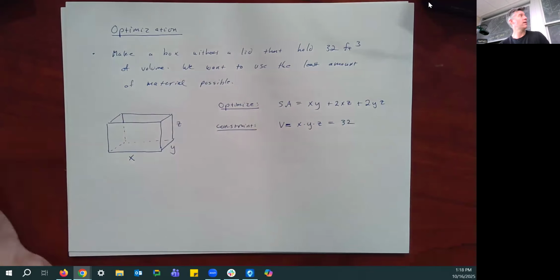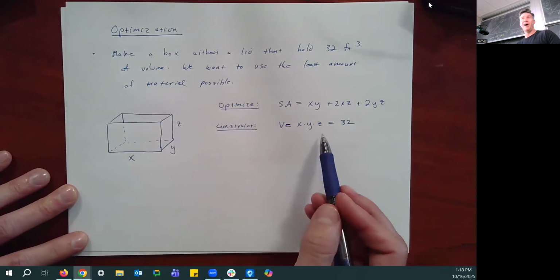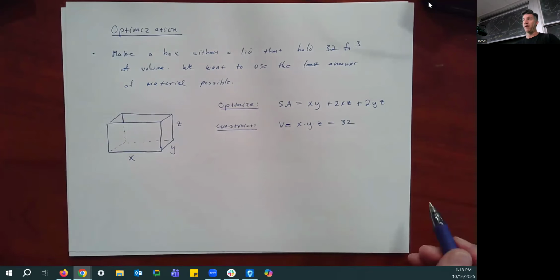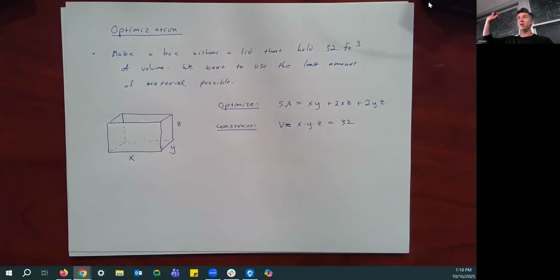And then you're typically going to take this constraint equation, isolate one of your variables, and then sub that back into the other equation so that your other equation then has one variable eliminated and you're left with two variables. And then we can apply the process that we just did 5 times to this new thing.